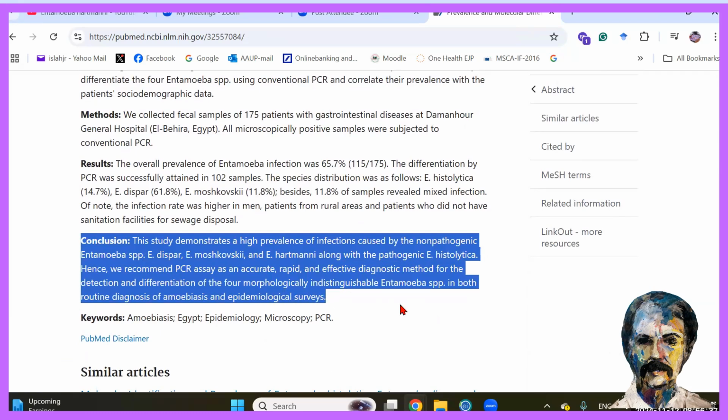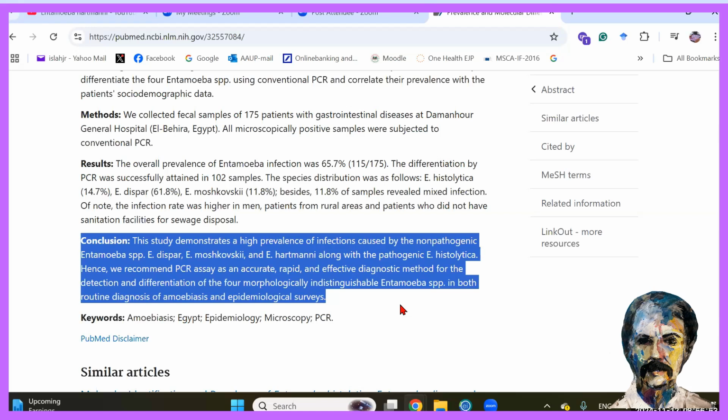Conclusion: This study demonstrates a high prevalence of infections caused by non-pathogenic Entamoeba species, like dispar, Moshkovskii, hartmanni, along with the pathogenic histolytica.